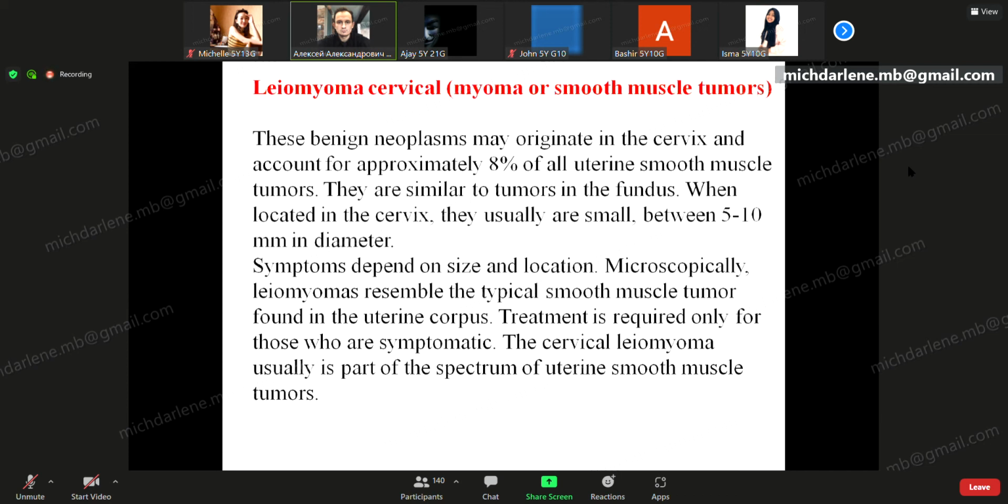But usually, myoma of the cervix has a serious clinical picture. Why? Because of pressure, enlargement of the cervix. Myoma is a hard tumor, and a feeling of pressure is a normal condition if a female has myoma inside the cervix.